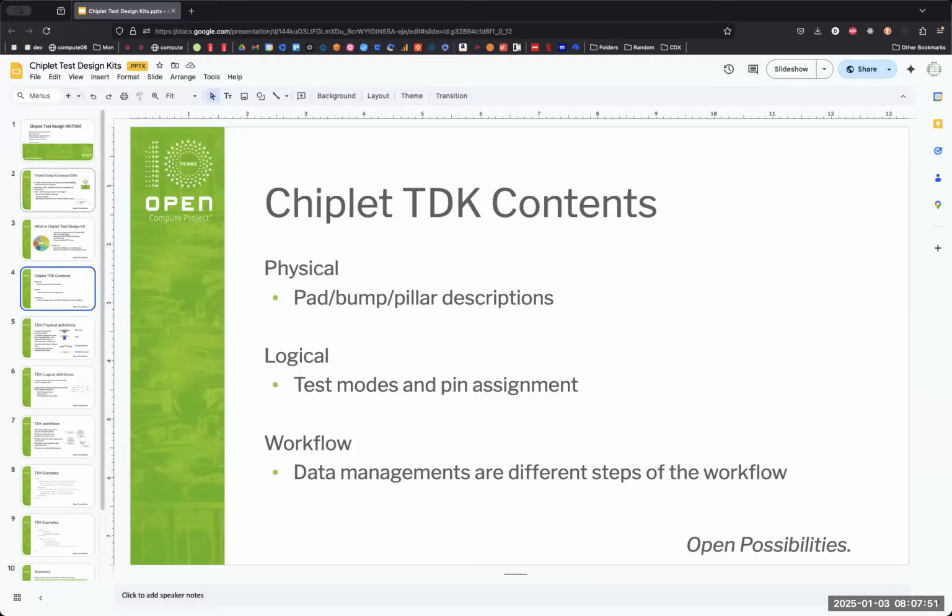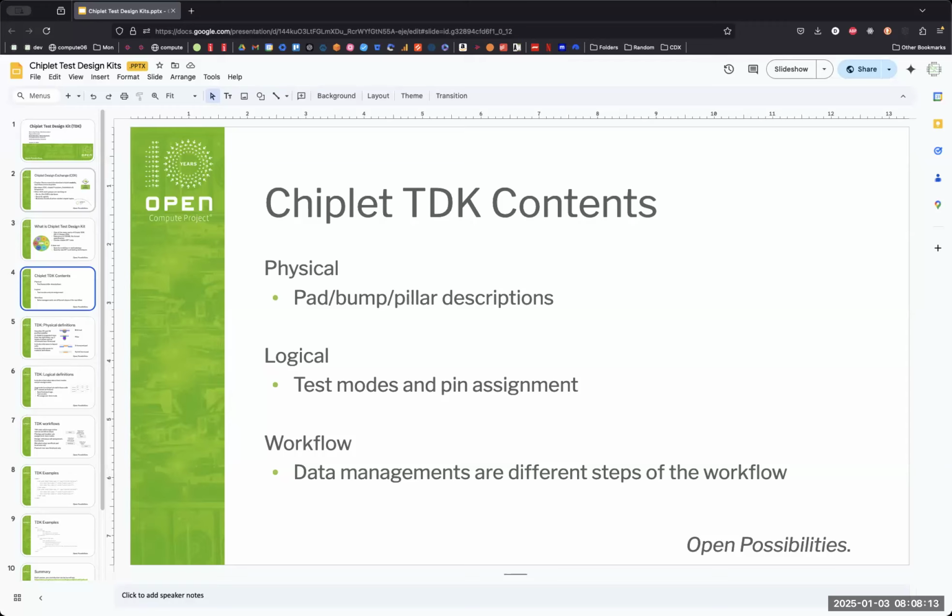So we needed to provide a physical description of what the pads and bumps are. The other piece of the test design kit is a description of the logical pin assignment.